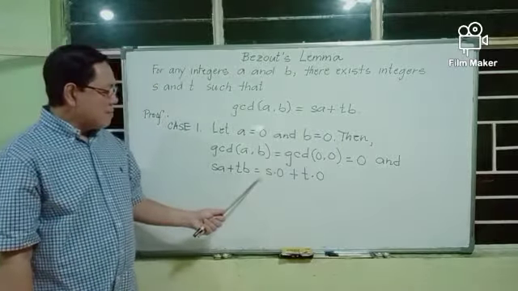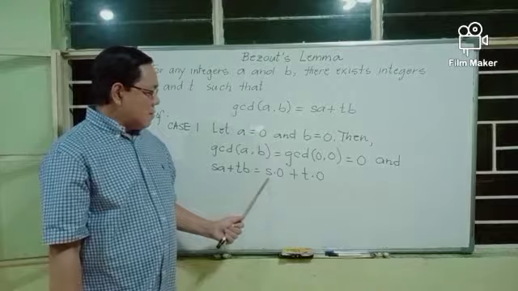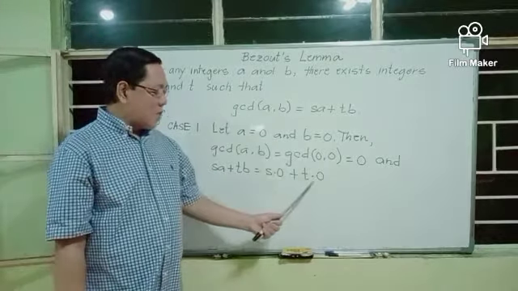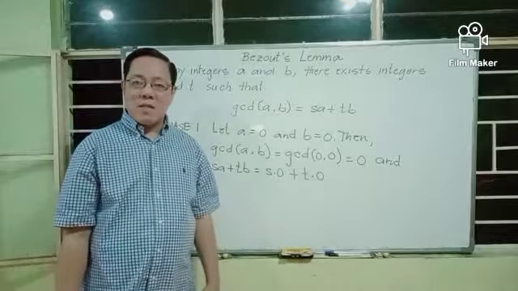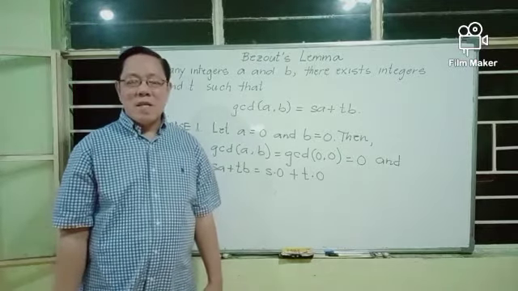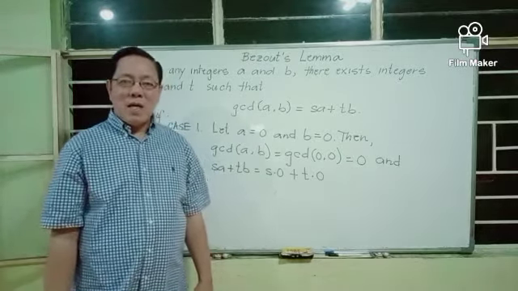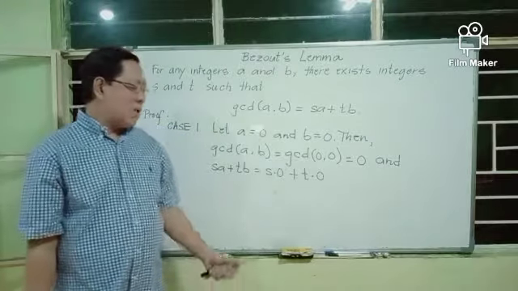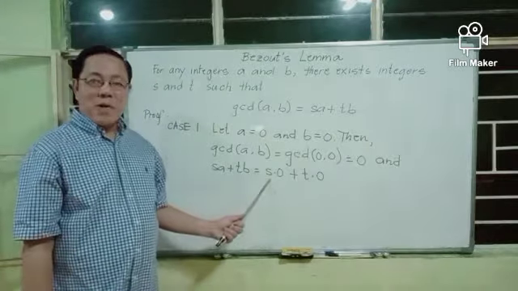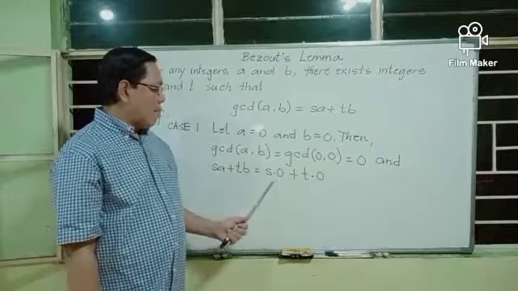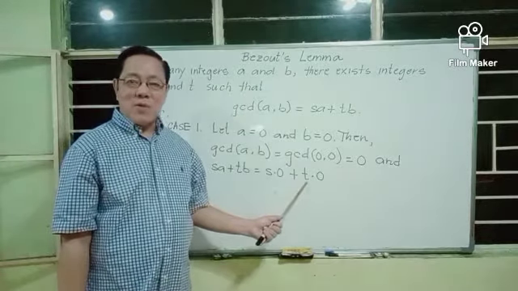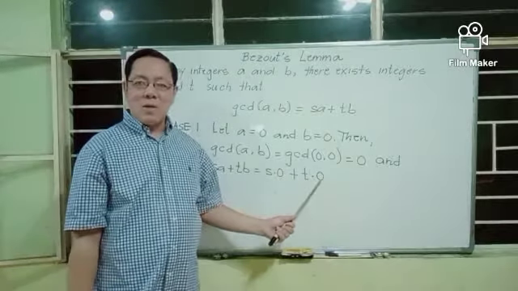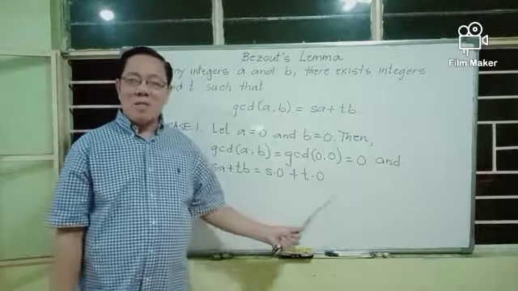As from this expression, you can see that the integers s and t can be anything, which means that they can be any integers. And regardless of what integer you take for s and for t, the sum is 0. Regardless of what integer you use for t, the product t times 0 is 0.